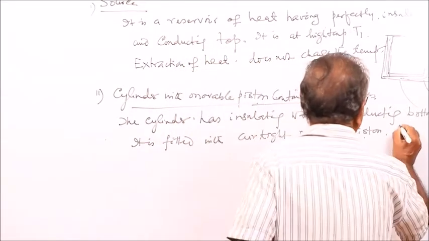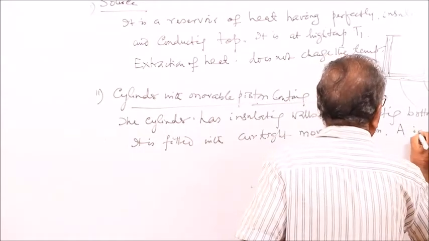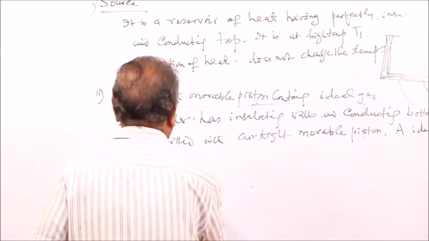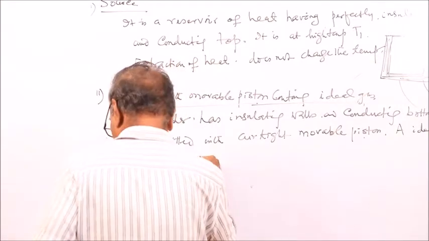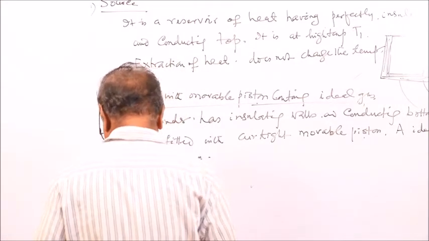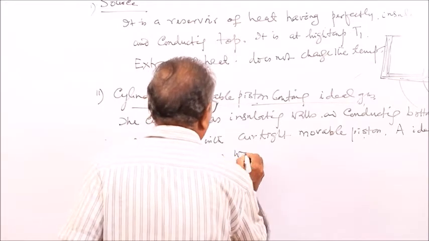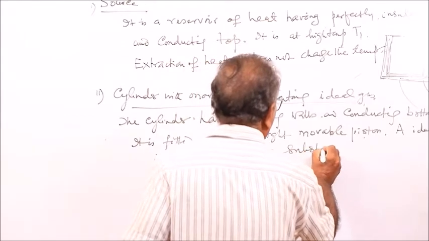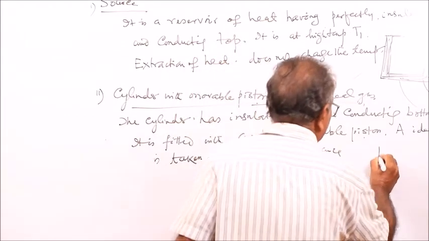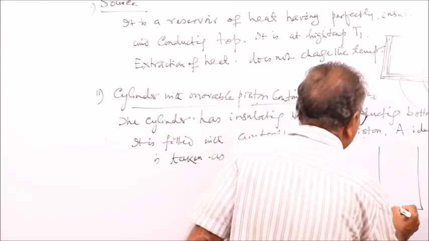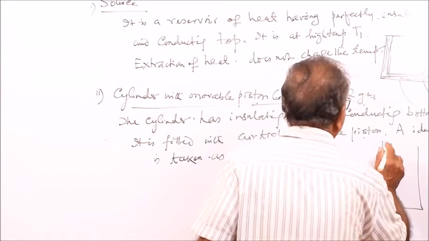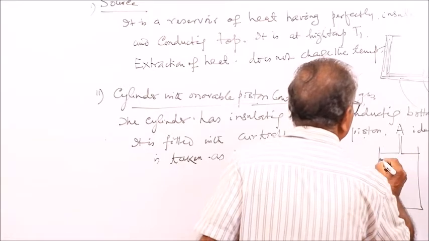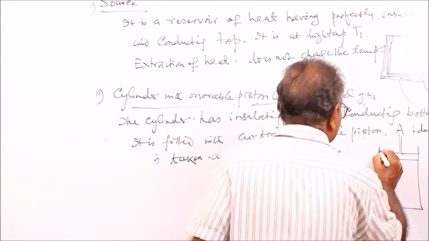The ideal gas is taken as working substance. This is the cylinder. This is the piston, the airtight piston. This is non-conducting.